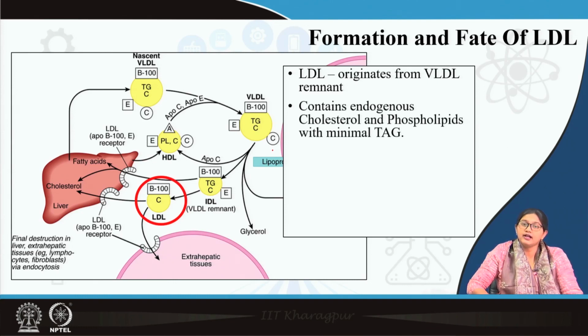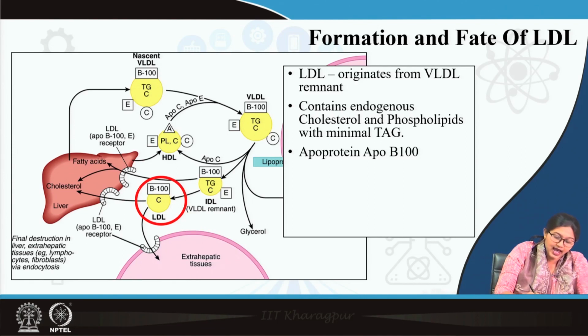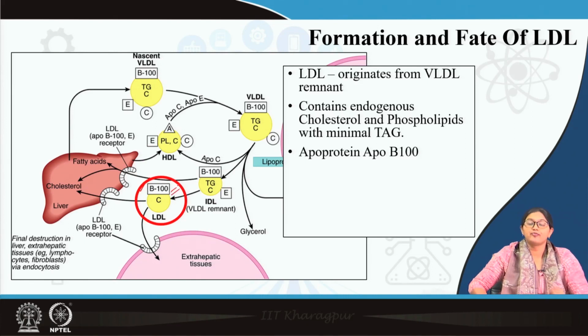That is endogenously synthesized cholesterol in huge amount, as well as phospholipid and a very minimal quantity of triacylglycerol. And as you can see, there is one very important apoprotein, that is ApoB100. This ApoB100 is very specific for low density lipoprotein.